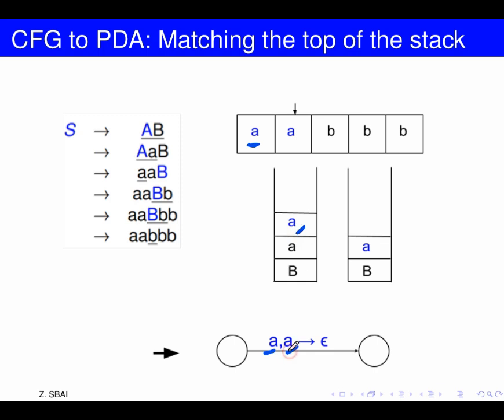This symbol will be popped if we take this transition, and this symbol will be read, so we advance the input to the next symbol, and we pop the symbol from the stack. The result of the stack will be this one, and this time we also match the symbol to read with the symbol on the stack. Here is the symbol to read on the input, and here is the symbol on top of the stack.